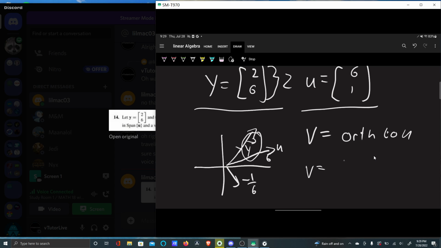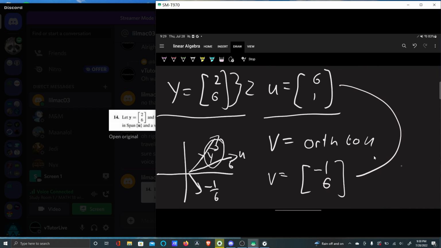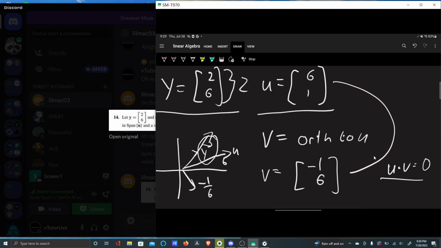So v could be something as simple as this. And as a sanity check, if you take the dot product of these two, you should be able to verify that u dot v is equal to 0. That's our condition for orthogonality, right?